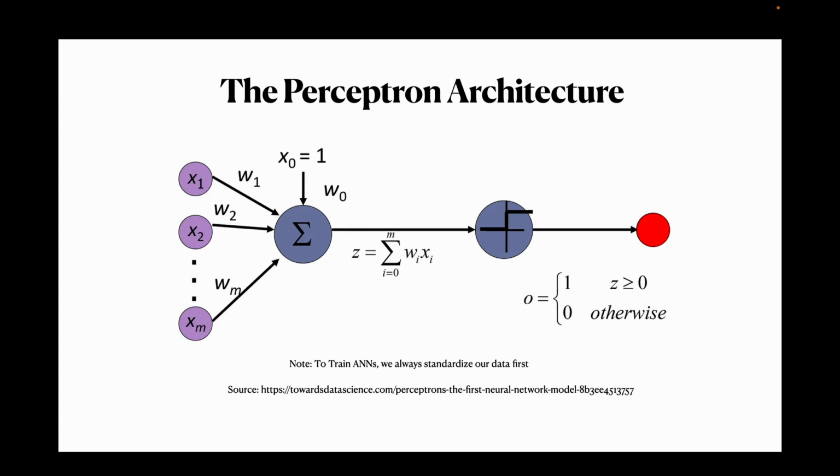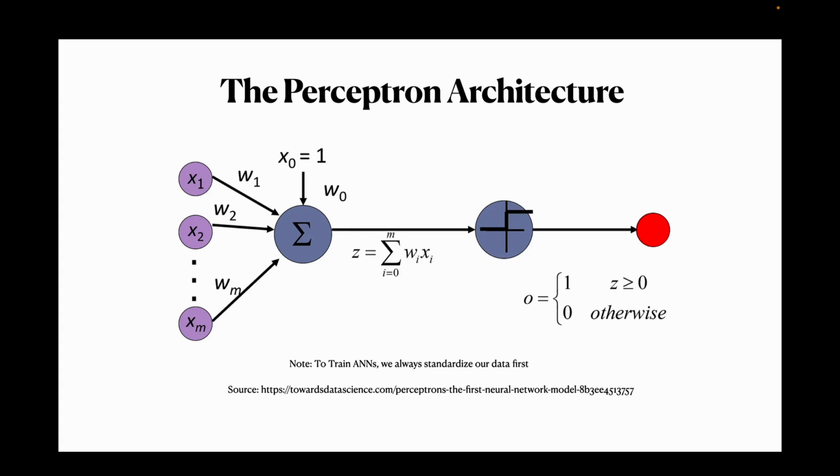So let's say the features you have are how tall the species is, the weight of the species, that's x2, xm, let's say, is how high it can jump, and x0 is just the bias.